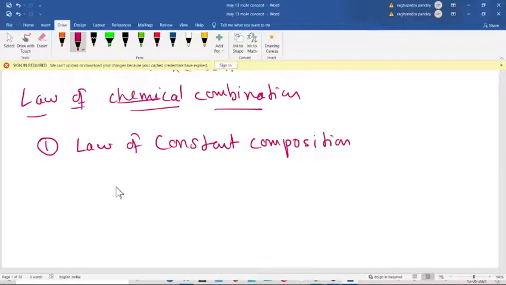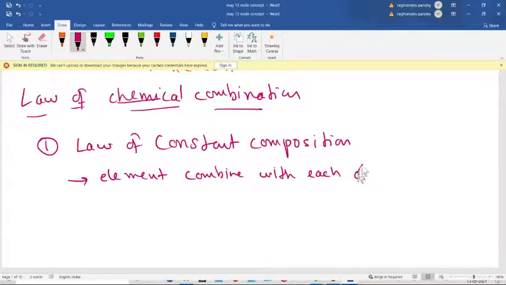Just understand that elements combine, combine means chemically react with each other, in a fixed proportion. Now because it is an 18th century topic, it is now very well understood.